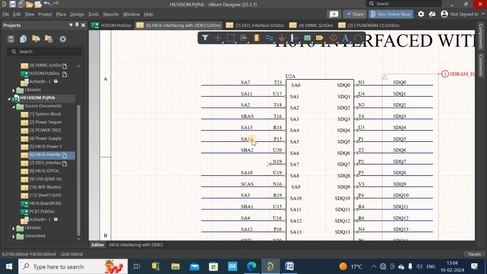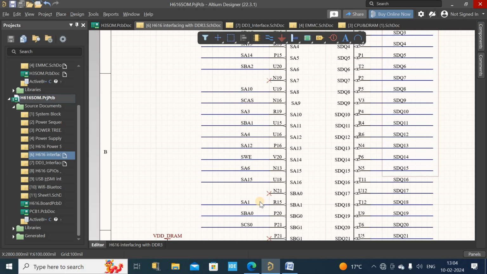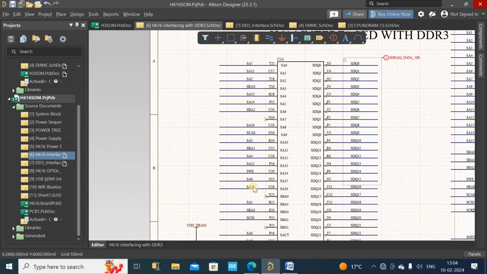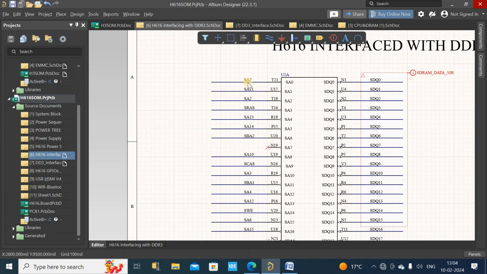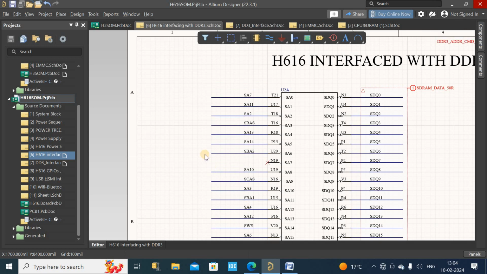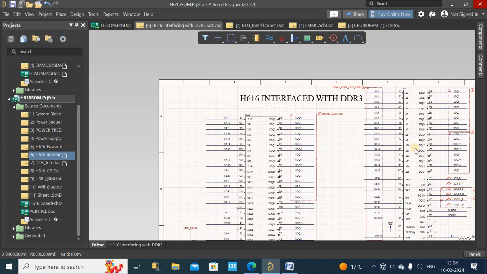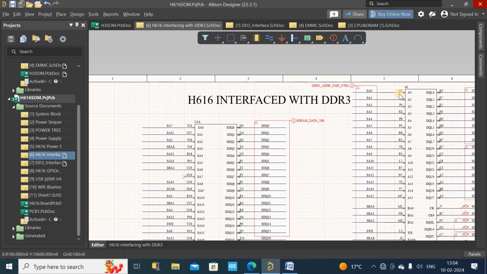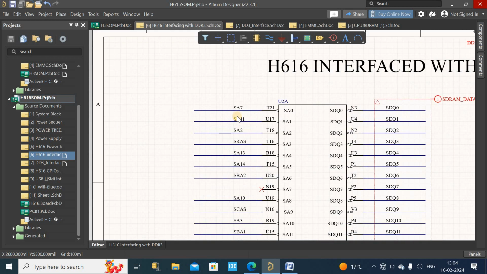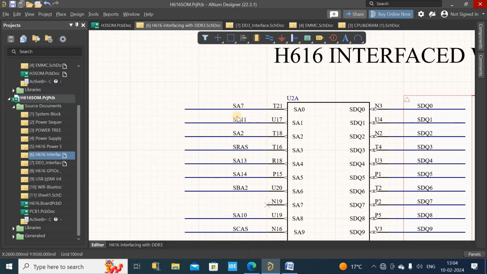Here I've got a bunch of address signals on the SoC. But as you notice, these address lines are not interfaced with the SDRAM address lines in order. They are interfaced randomly, so to speak.